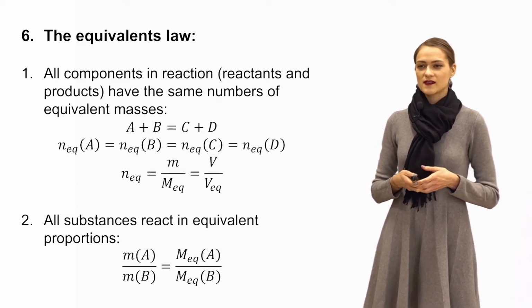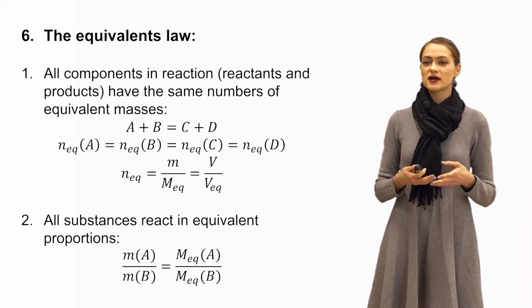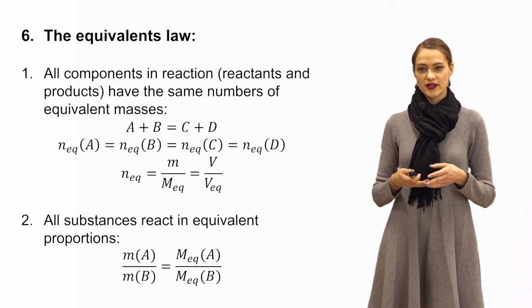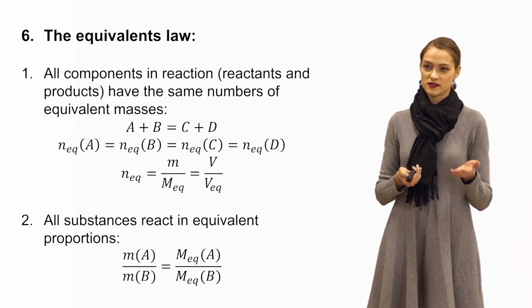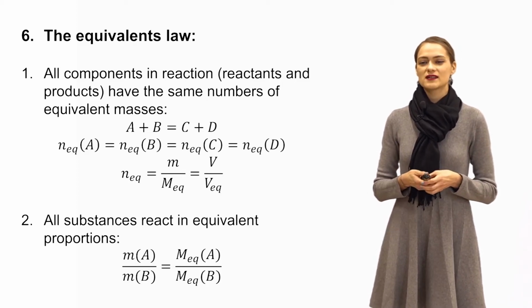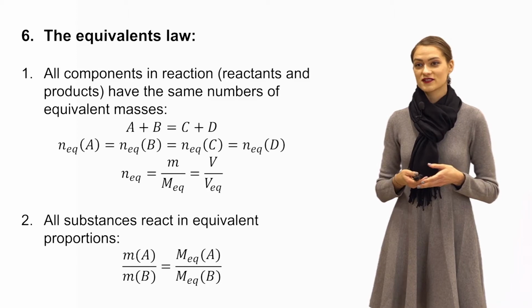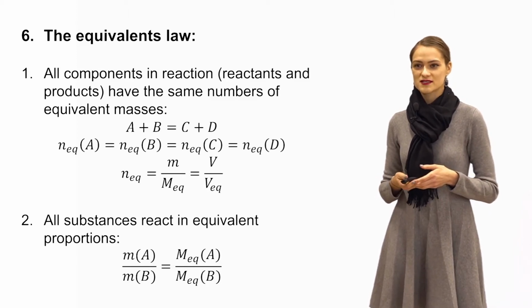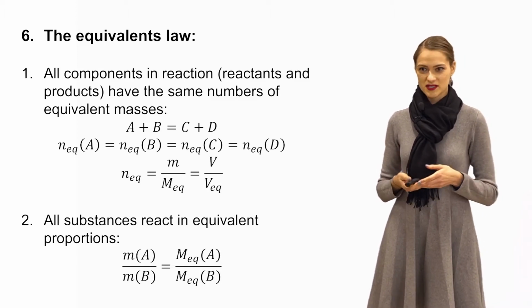What do I mean? The ratio between masses of all components in our reaction, for example here between substances A and B, or you can use C and D, is a ratio between equivalent masses for substances A and B as well.